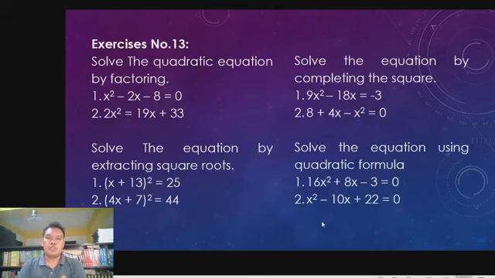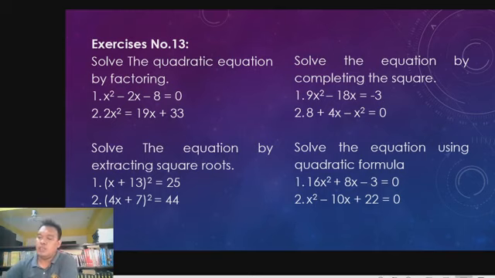Okay, so we have exercise number 13, solve the quadratic equations by factoring. So, we have number 1, x squared minus 2x. Solve na lang po natin yan para mas maintindihan natin kung paano sinusolve po yung quadratic equation.